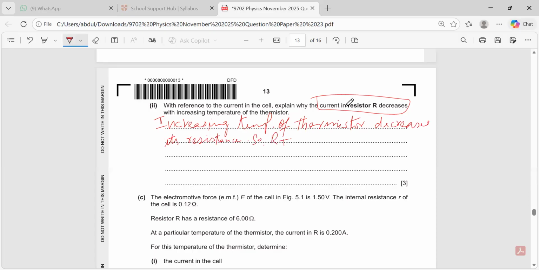So R total of the circuit is decreased. It means total current in the circuit is increased.